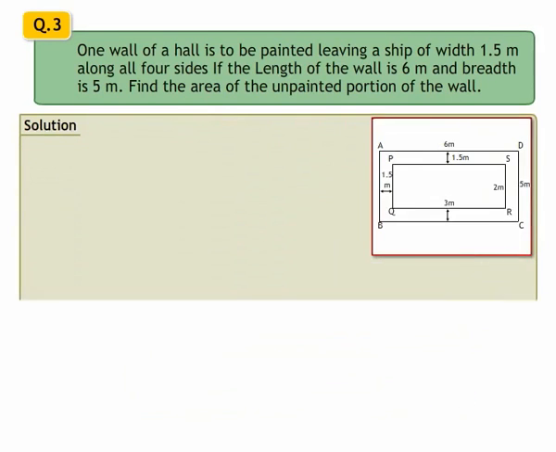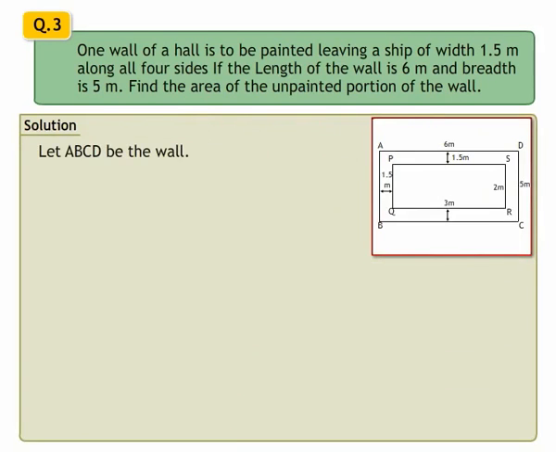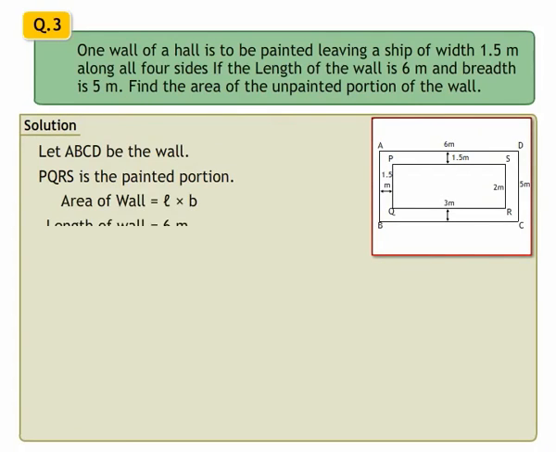Let ABCD be the wall. PQRS is the painted portion. Area of wall is L into B. Length of wall is 6 meters. Breadth of wall is 5 meters. Area of wall is 6 into 5 equal to 30 square meters.